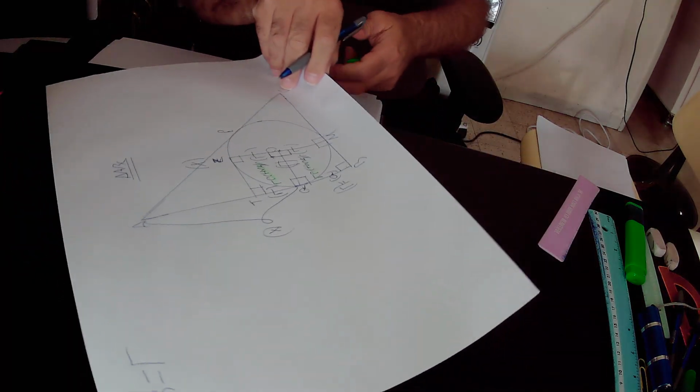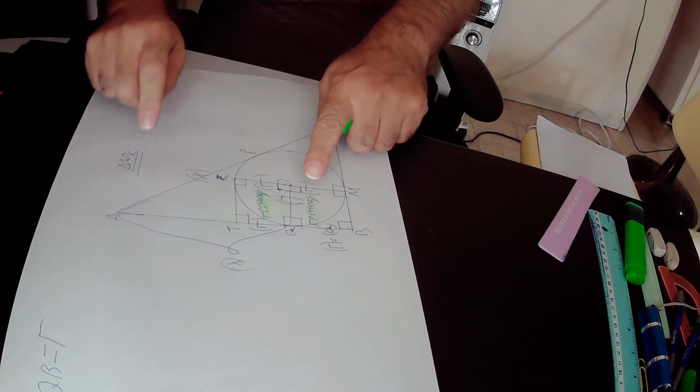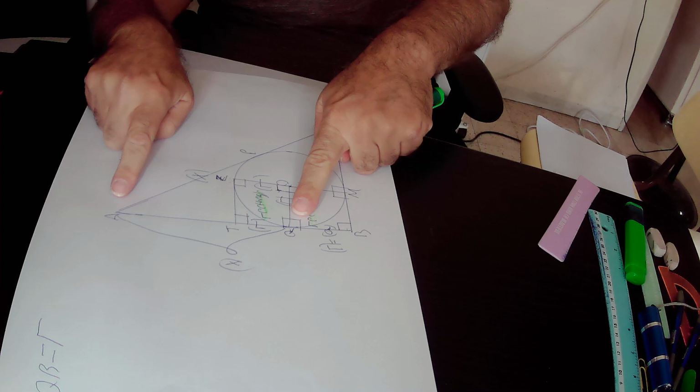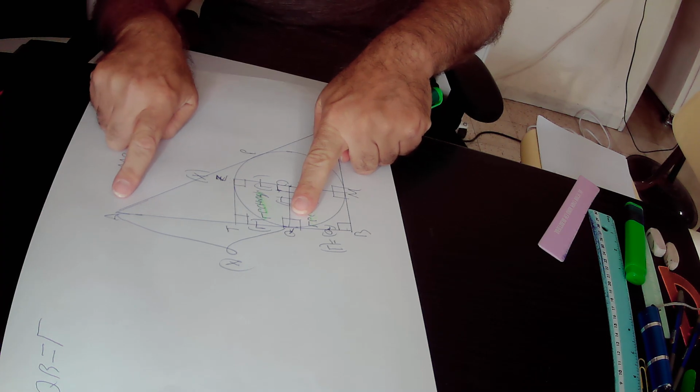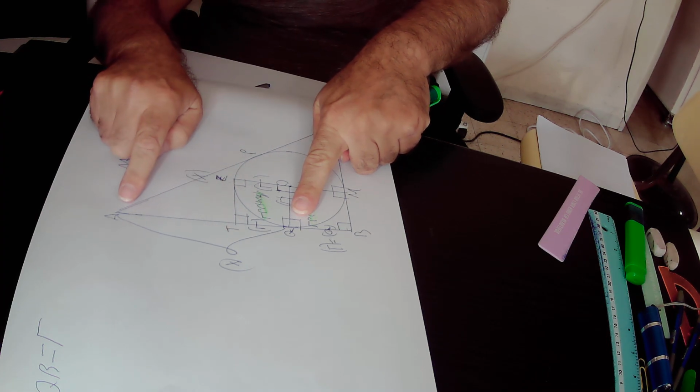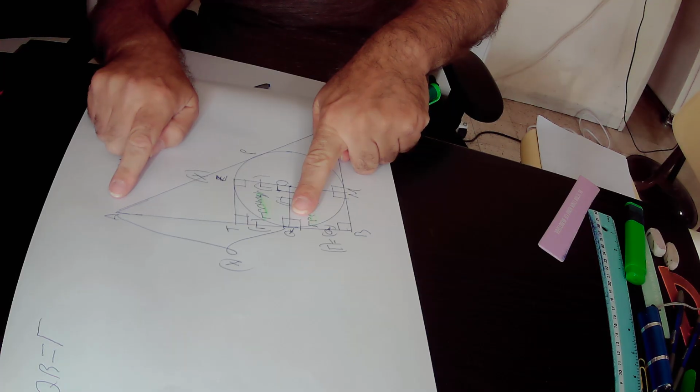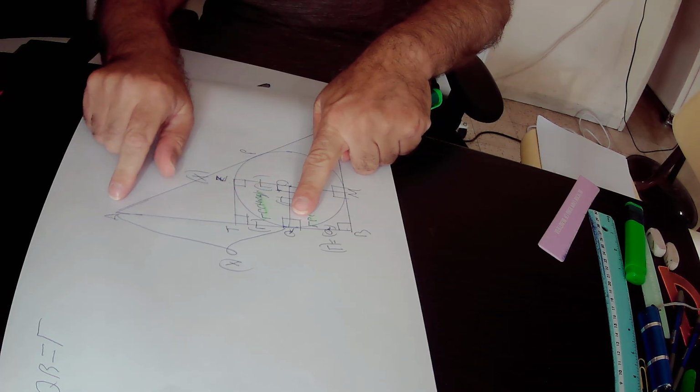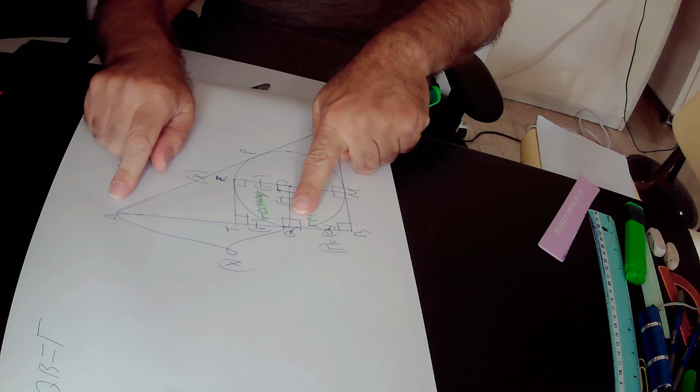What is the length of this line segment AQ? AQ equals X, according to what we already found out, but AQ consists of two line segments, AT plus TQ. So AQ in total equals AT plus TQ.